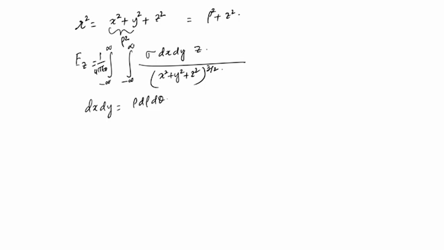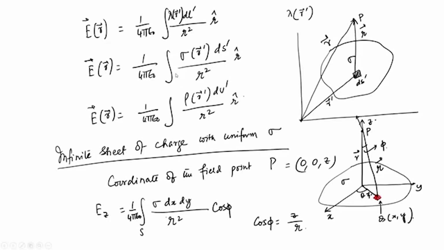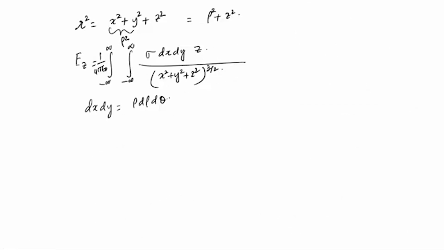We have written a theta, but this is actually theta, because that is on the plane. D theta is the angle that this small element makes with the x axis, so it is rho d theta.